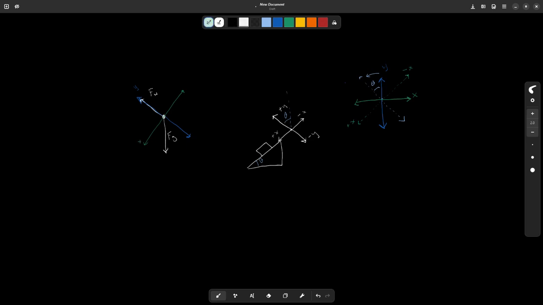So that means that in the y direction, I just have Fn and a component of Fg, so I'm going to say Fgy. So I need to break up Fg into Fgy and Fgx.